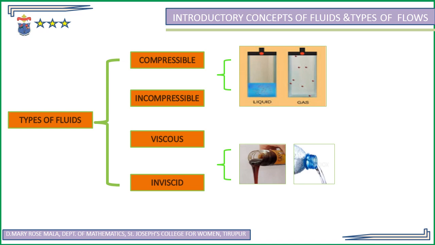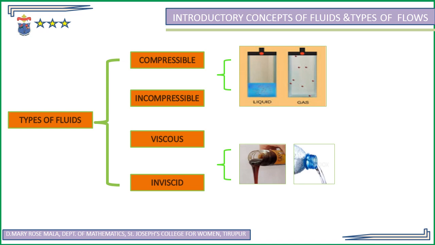And in the second container, we can see that a gas is being filled in the container. When we apply a pressure on this container, we can see that the gas gets compressed and the density of the gas changes. So any fluid which exhibits this property is called a compressible fluid.